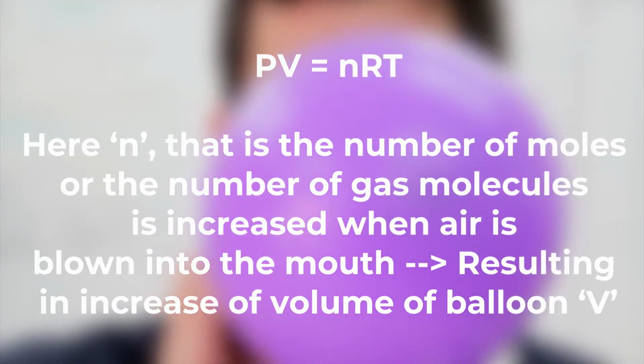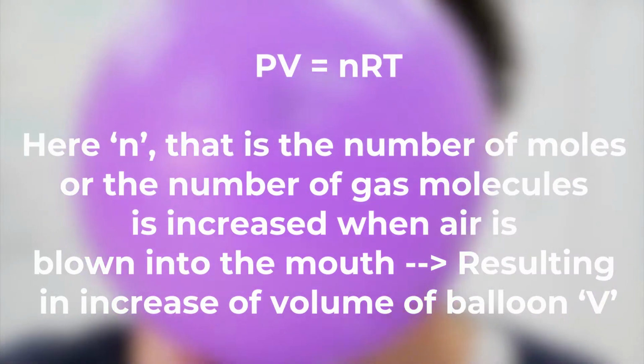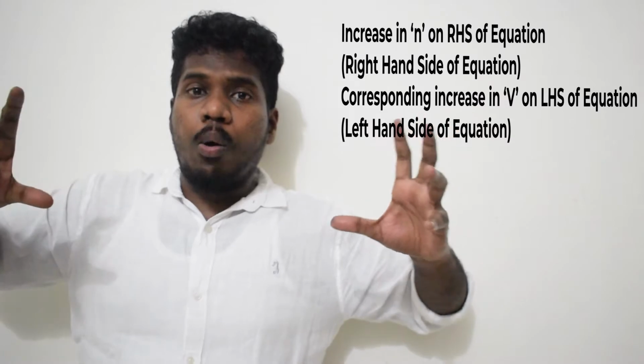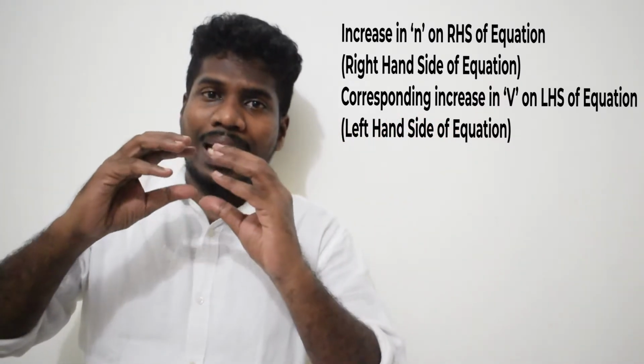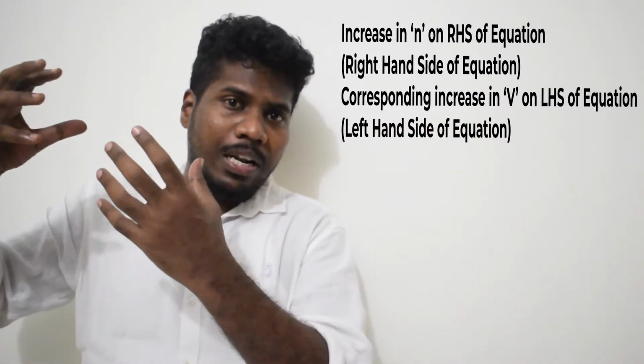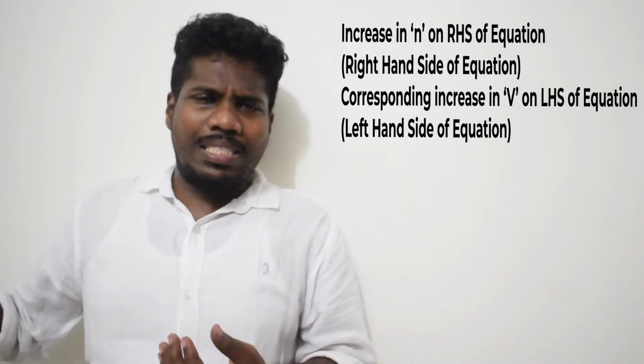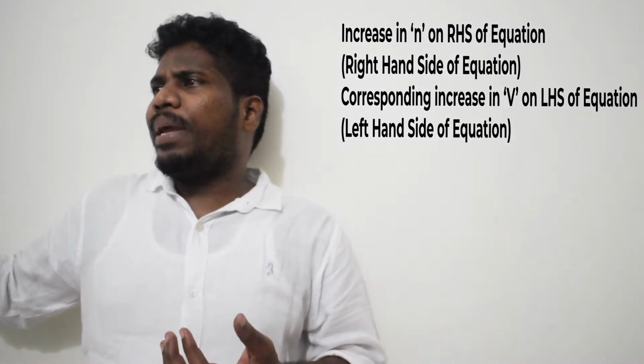So more and more air molecules get inside the balloon, and the volume occupied by those air molecules is also correspondingly more, right? It's a very simple concept. Maybe 10 people can sit inside a room, but for say 100 people the same room will not be sufficient. It is a very, very obvious concept, right?